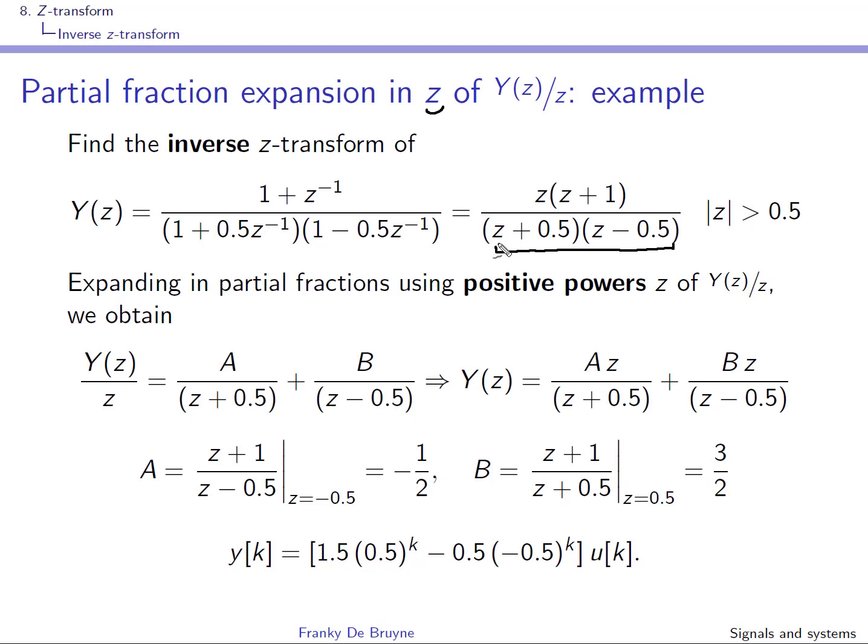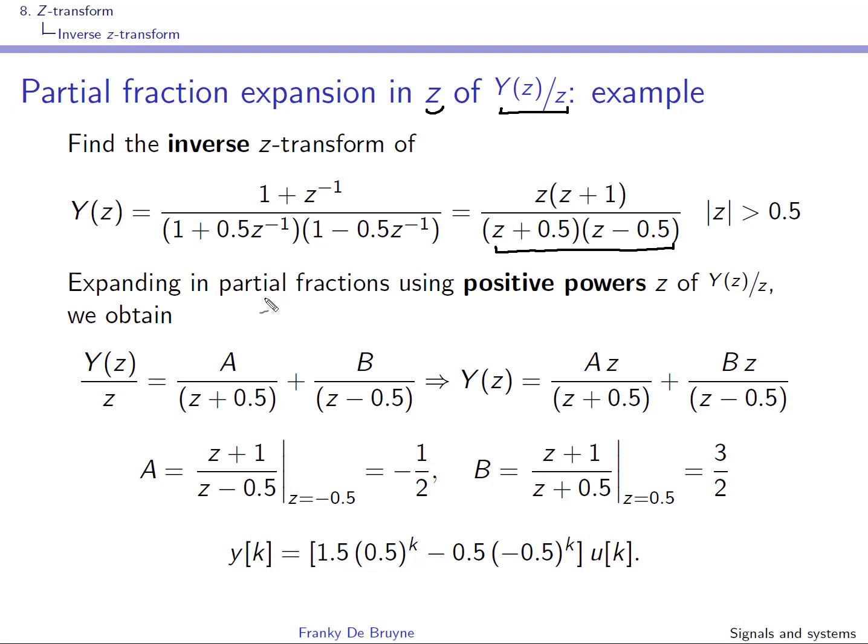So we'll work with y of z, with this expression over here. When you work with the variable z, there are two methods. The first method is to work with y of z divided by z, and in my opinion, in this case, this is the easiest way to go.